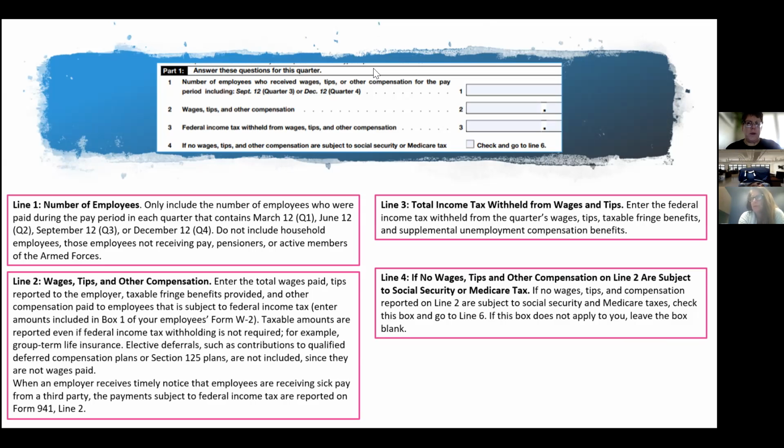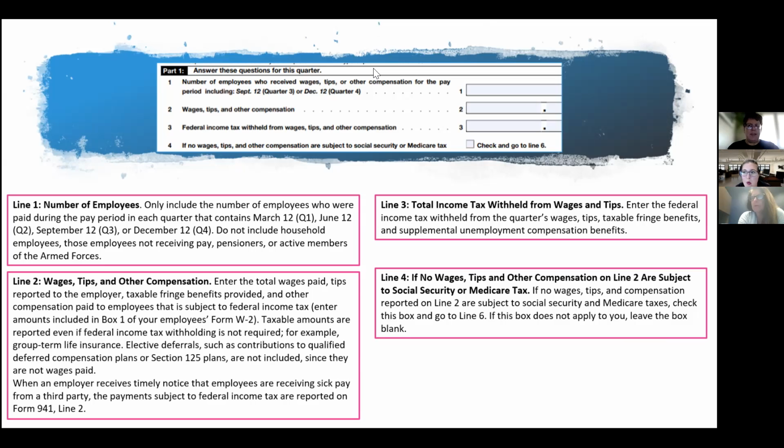Line 2 is your wages, tips, and other compensation. These are anything that you've paid to your employees that are considered wages. Taxable fringe benefits provided, any other compensation paid to your employees, anything that's subject to federal income tax.